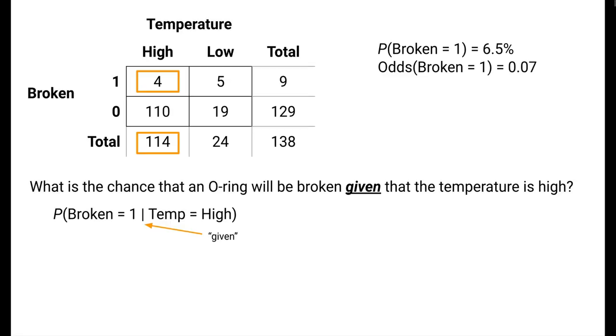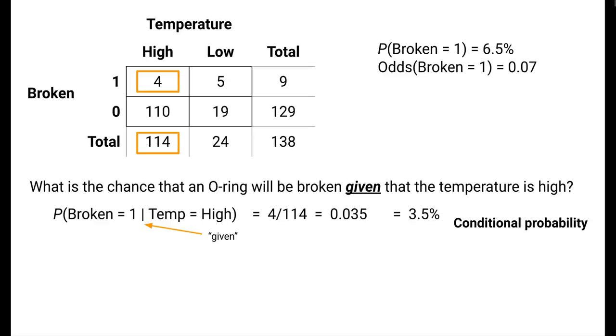Now, we only consider the cases in our data set where the temperature was high. This is 114 cases instead of the full 138. And of these 114 cases, 4 were broken. So the conditional probability that an O-ring will be broken given a high outside temperature is 4 out of 114, or 3.5%.